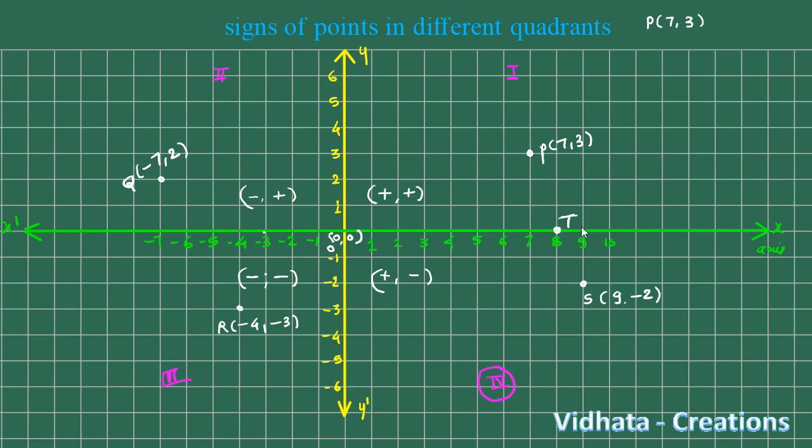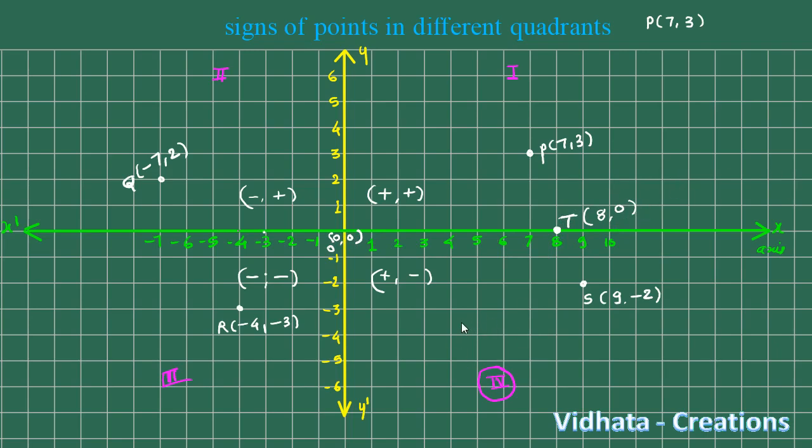Thus, the x coordinate of point T is 8, and if you draw the perpendicular on the y-axis, it will meet at 0. So the coordinates of point T are 8, 0. What type of conclusion can you draw? If a point lies on the x-axis, then its y coordinate is 0. This is the conclusion.